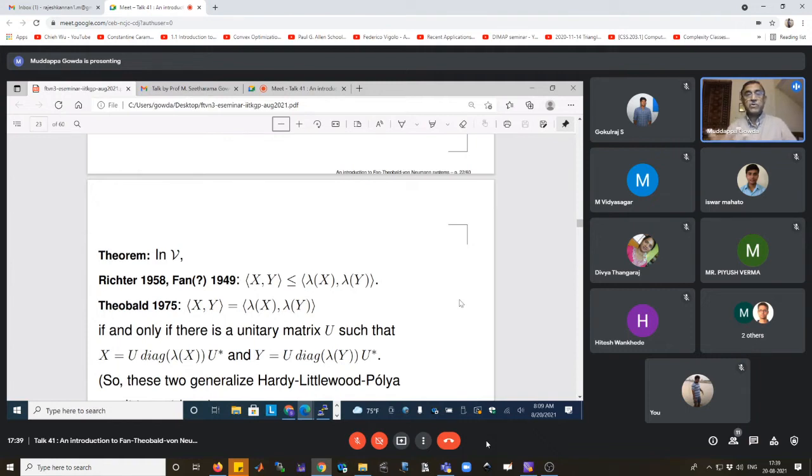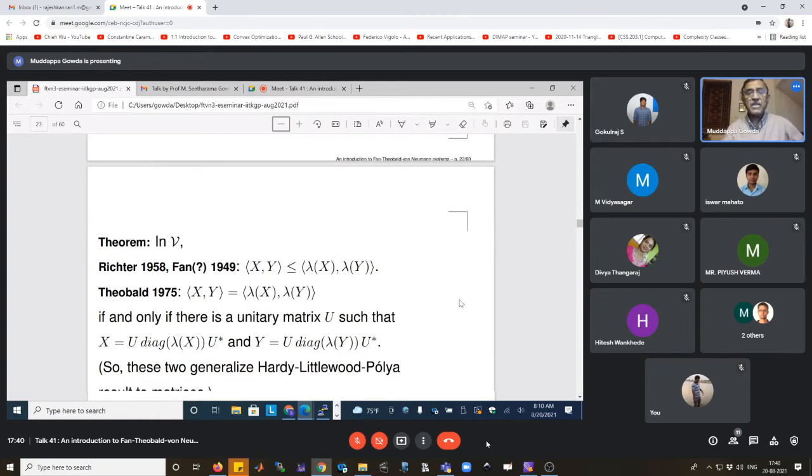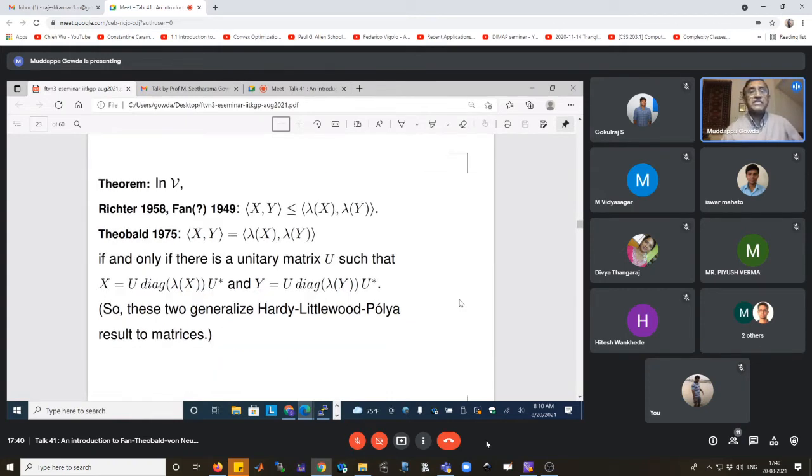And it took almost 15 to 17 years to look at the equality case. I was told that Richter's proof is analytical. Mirsky proves these results in an algebraic way. There is a later paper of Mirsky where he proves all these things in a very simple, elegant way. Okay, so these two results generalize the Hardy-Littlewood-Polya result to matrices.